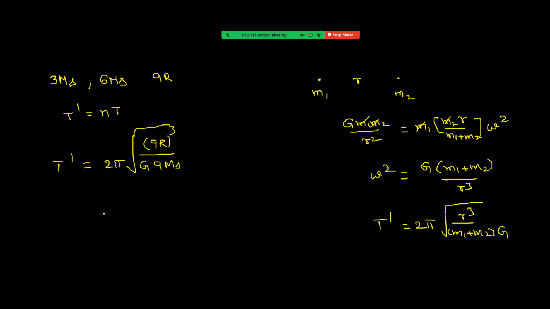So this is equal to 2 pi root of, 9 gets cancelled, remaining is 9 square R cube by G Ms. So this is 9 times 2 pi root of R cube by G Ms. This is 9 times the time period of revolution of Earth. So n value is 9. So it is a very simple one. Right? See next problem.